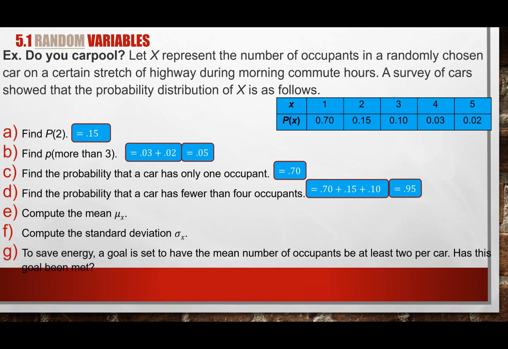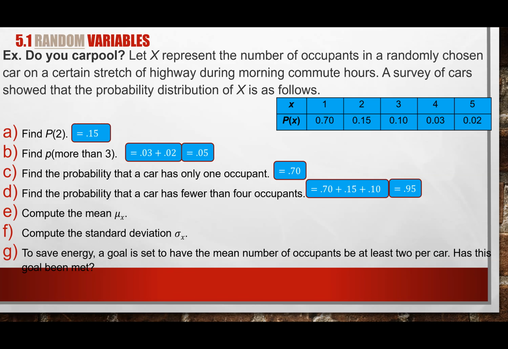Based on this information, 95% of cars that drive on this highway will have fewer than 4 people in it. That's the idea of a probability distribution: they have some data and they distribute the probability throughout your data, and the total probability has to be equal to 1.